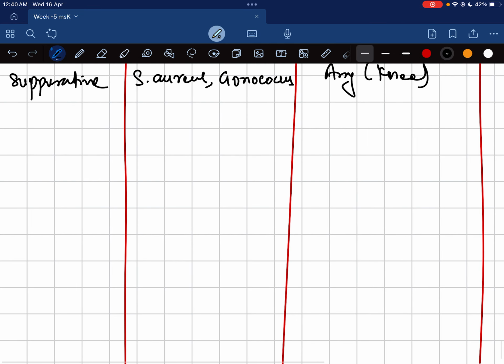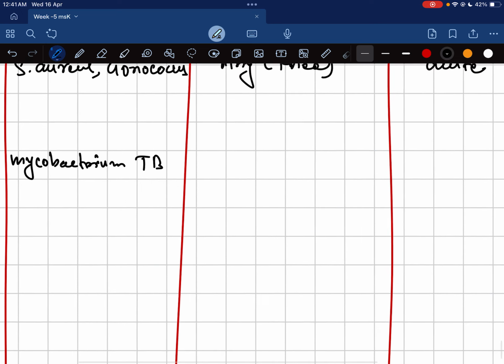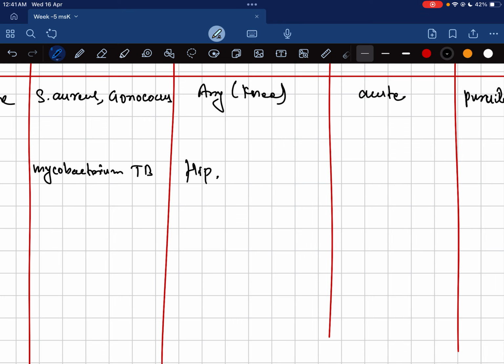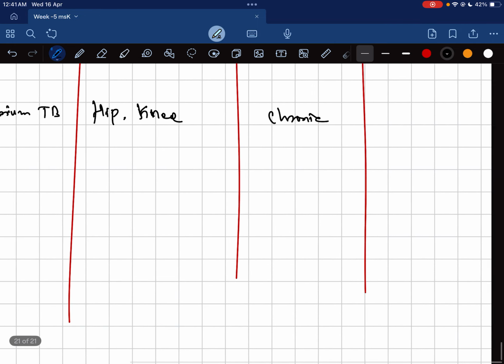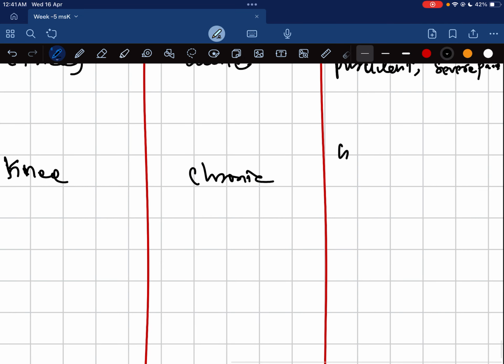And for TB or mycobacterial arthritis, Mycobacterium tuberculosis involves the hip and knee joint, and onset is chronic. There is formation of granuloma and caseous necrosis.